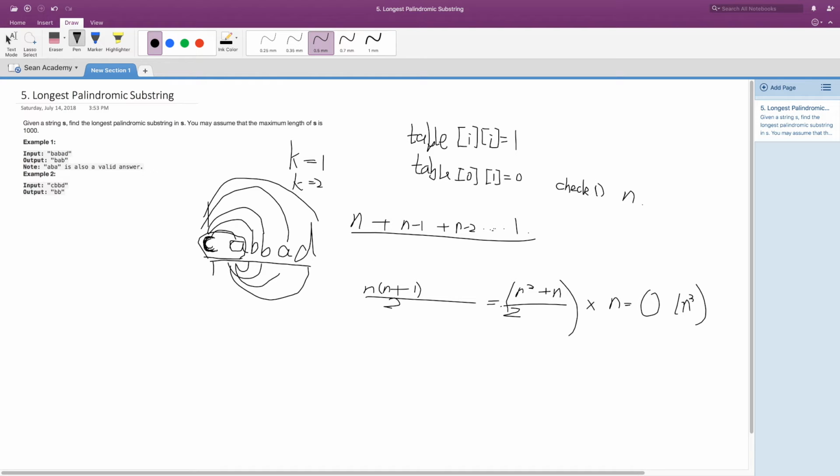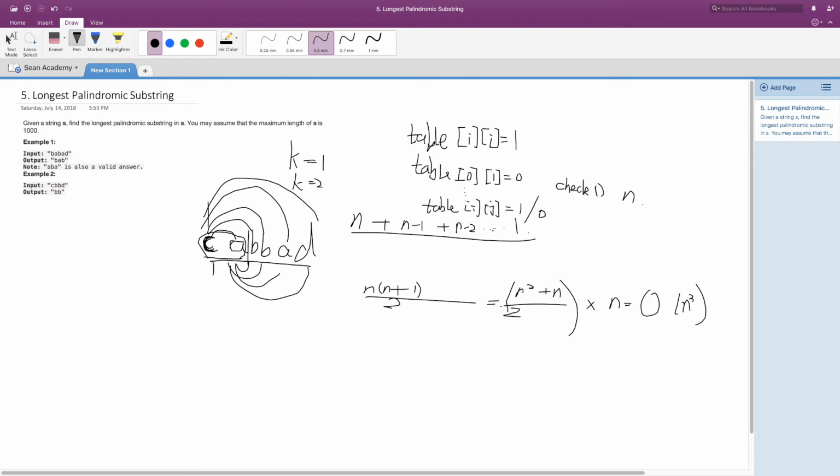We will check every two-length substring, and we will get a table where table[i][j] equals 1 or 0.